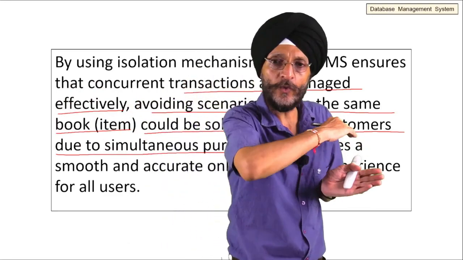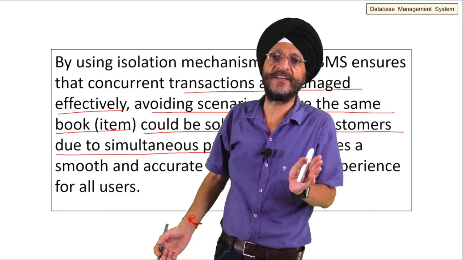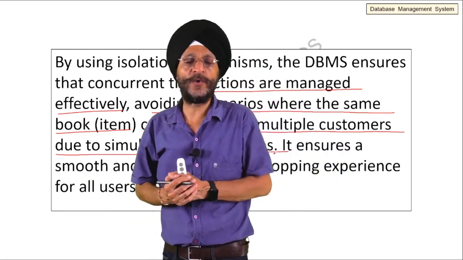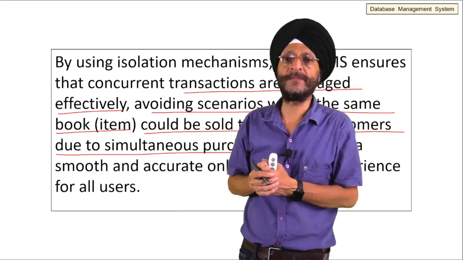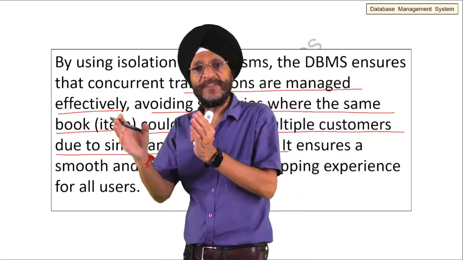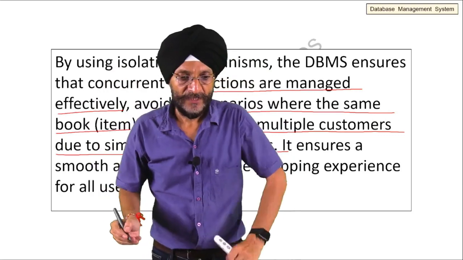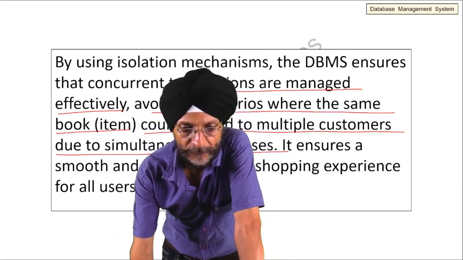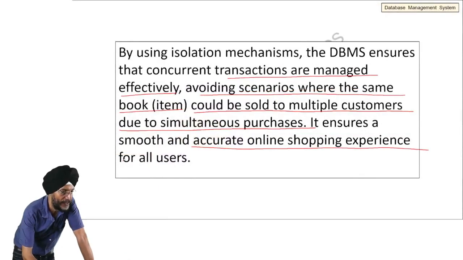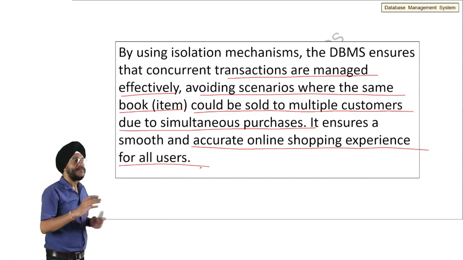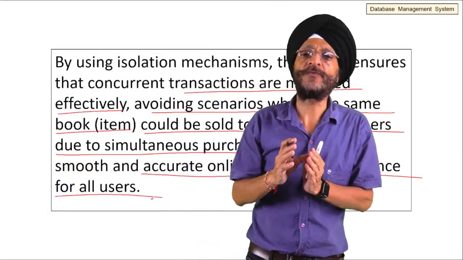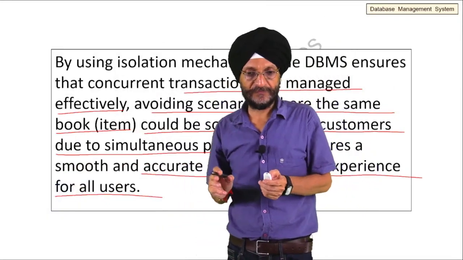The same product could have been sold to many customers, resulting in customer dissatisfaction because all the customers would not be able to get it, as the quantity available with the site was only limited. It ensures a smooth and accurate online shopping experience for all users. So it ensures that the online shopping experience for customers is good.